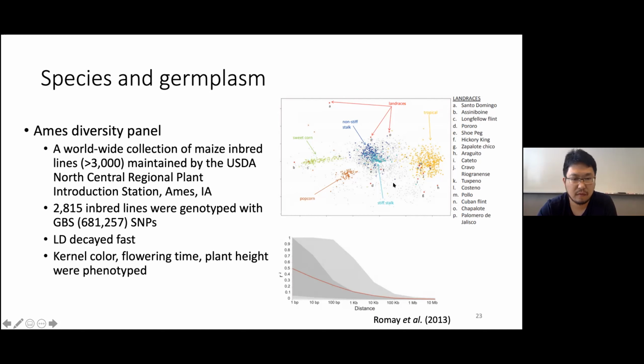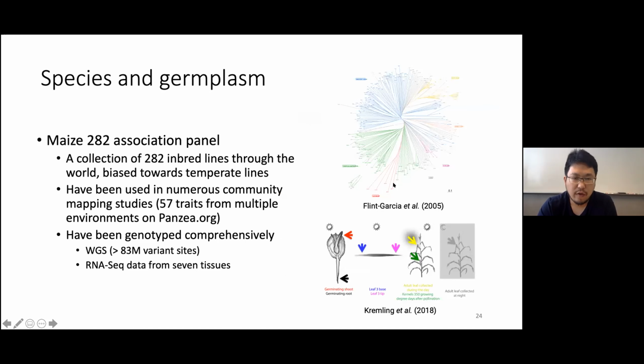Or you can start to work with a smaller panel that is also very diverse. This is an example: the Maize282 association panel. This collection of lines is biased towards the temperate lines, but it's also a collection from throughout the world. And this panel has been used for numerous mapping studies.